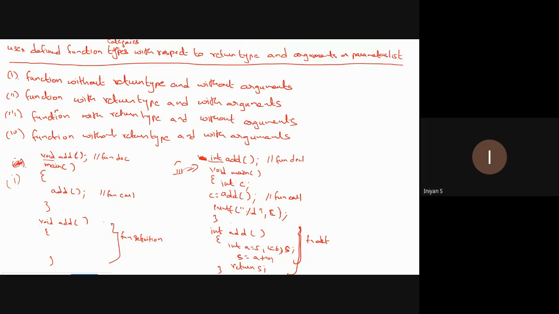Okay, so here where is the function call? Here is the function call, right? So the control will go here. It is performing some addition of two numbers and returning. Return in the sense the addition, right? 5 plus 6 will be added here and returned. Where will it return? This is the function call.